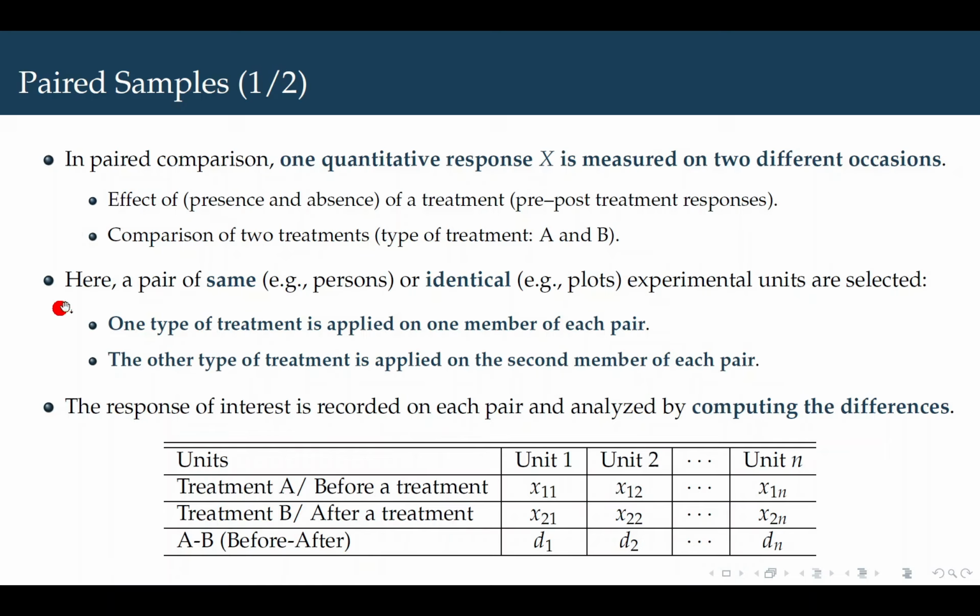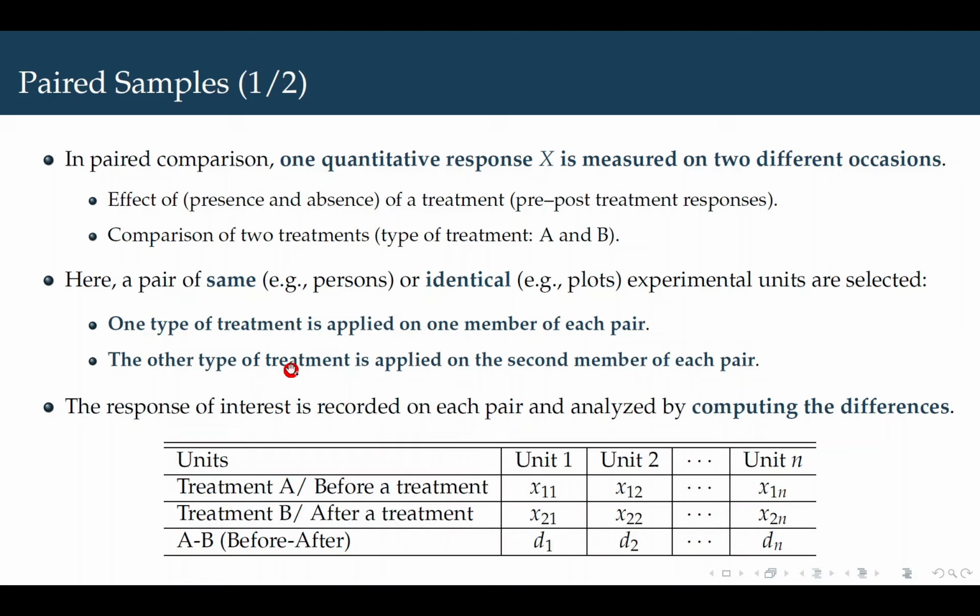Specifically, in a paired comparison, we will have a pair of the same individuals, or you could have a pair of identical experimental units like identical plots of land. Once we have this pair of the same or identical experimental units, on one member of each pair one of the treatments will be applied, and on the other member of the pair the other treatment will be applied.